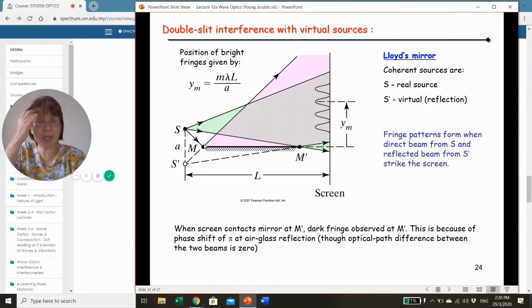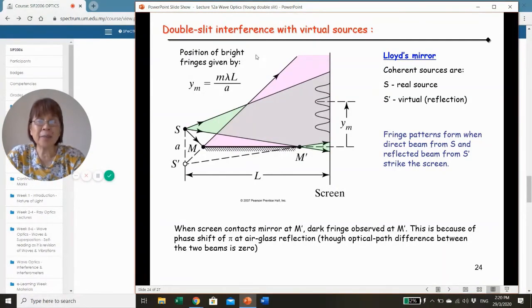The other beam comes from a virtual source, which is the image of this source in the mirror. The reflected part of the beam is the pink part, and where they overlap is where we get the interference fringes. So the virtual source now is S prime.